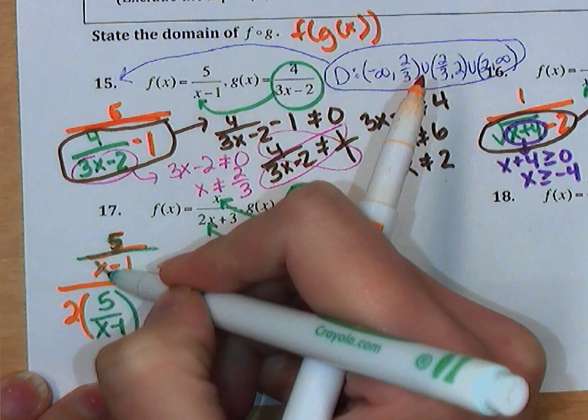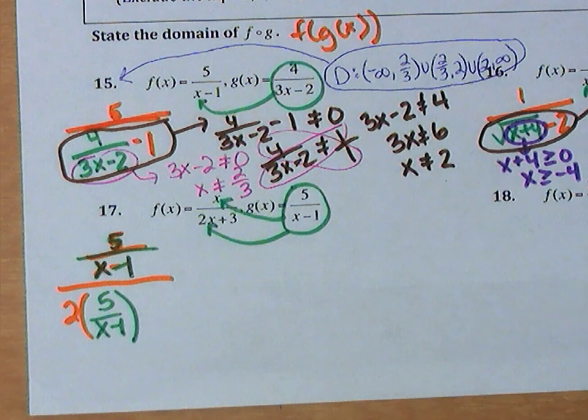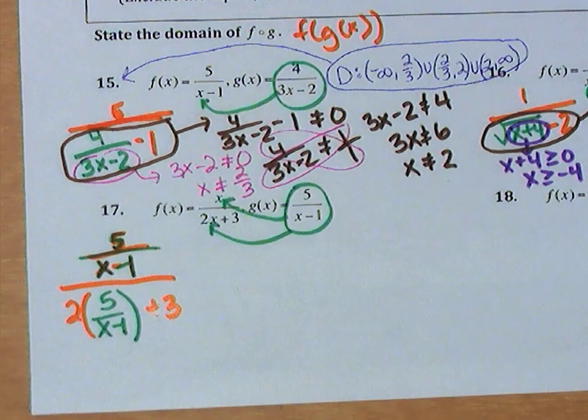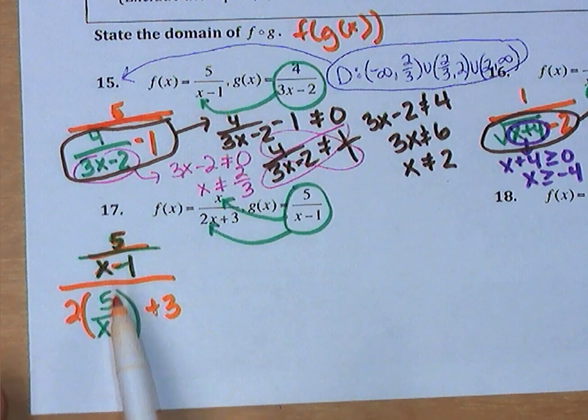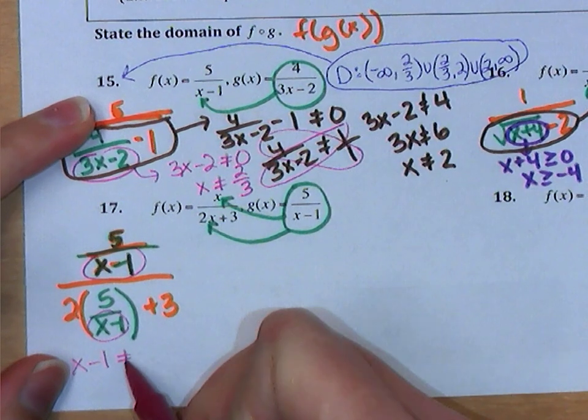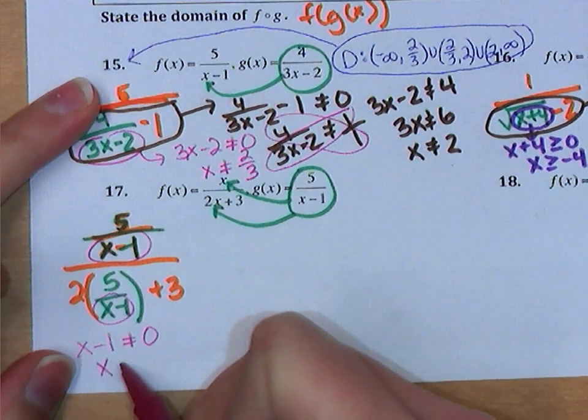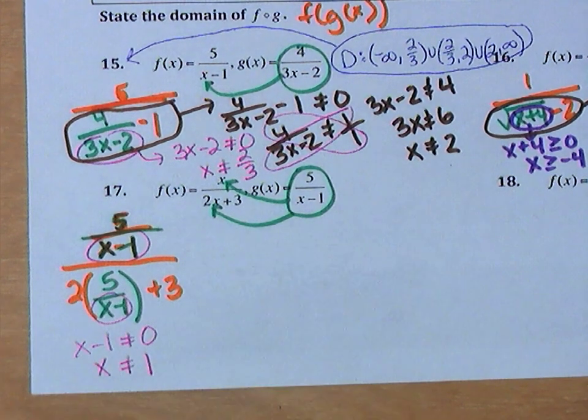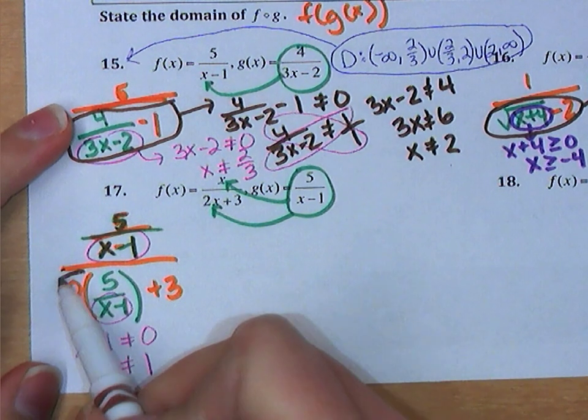You get the idea. Plus 3. This time you have the two small denominators, which are the same. That's a good thing, because then you have less work to do. So for these two, x minus 1 cannot equal 0. X cannot equal 1. And then you have the whole denominator under the big fraction.